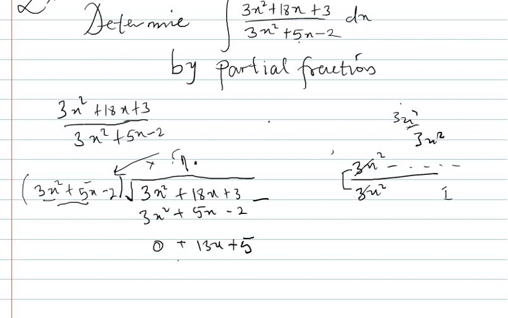So the remainder is 13x plus 5. This sign here is just an indicator, no need to put it.